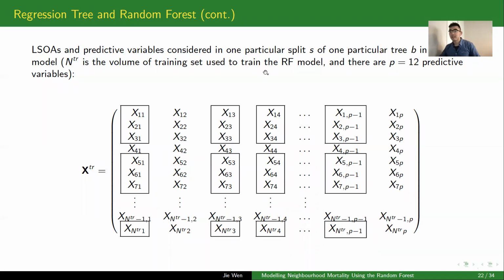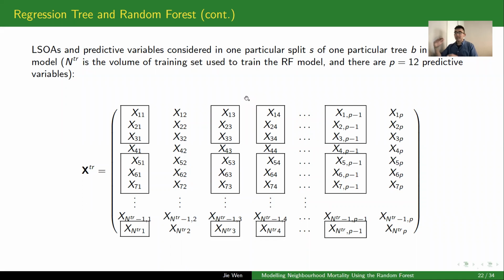It might be better to show the sample randomness and the variable randomness within this matrix here. For example, this is the matrix containing all of the RSOs in the different rows of the training set and all of the predictive variables in the different columns of the training set. We have p equal to 12 predictive variables in our case, so there are 12 different columns here.